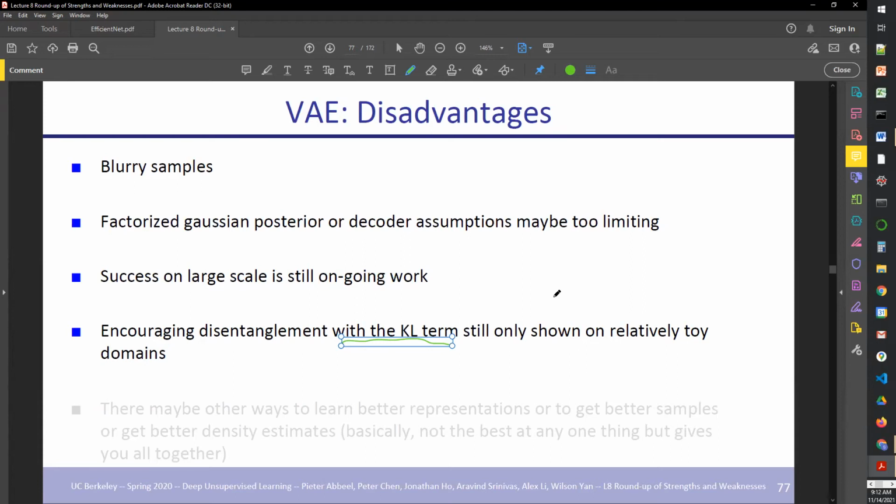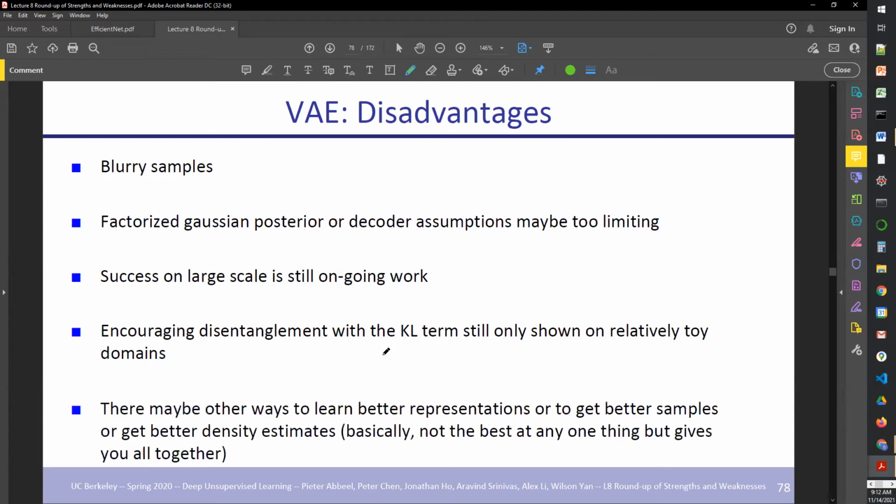And the point is that while this method does four things, as I just mentioned in the previous slide, it doesn't do any one of them the very best. Unlike, for example, GANs, which are really the best on quality. But in this case, you can get close, but have issues.